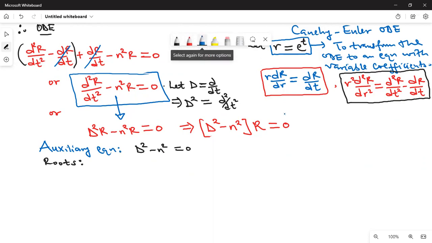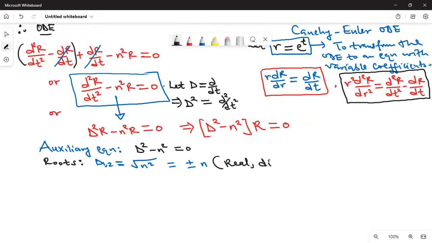You're going to get D1 and D2, that means the first and the second root, is simply the square root of n squared. And so this will give us plus or minus n. So these roots are real and distinct.